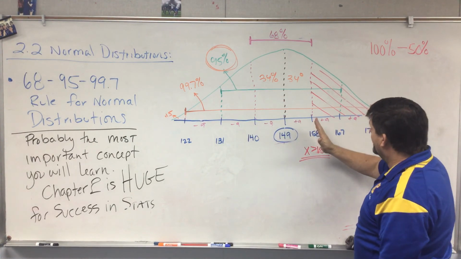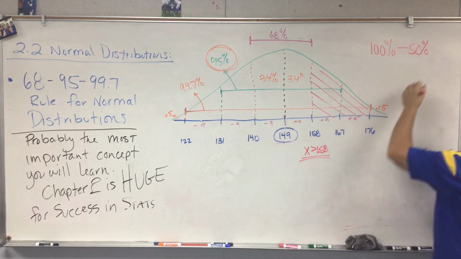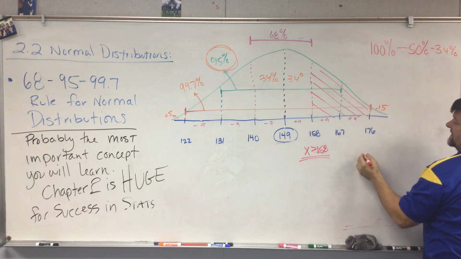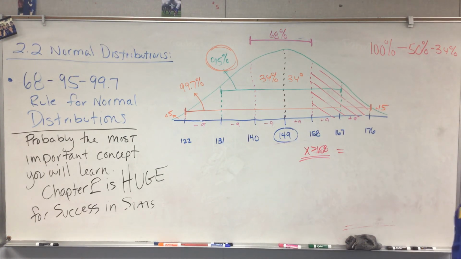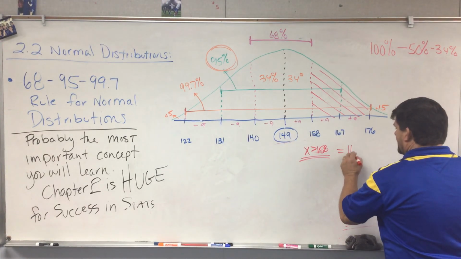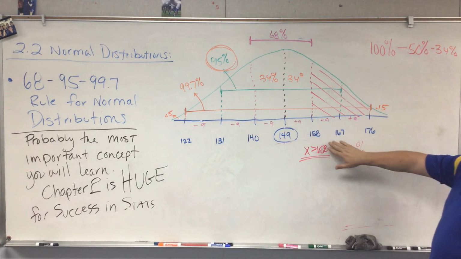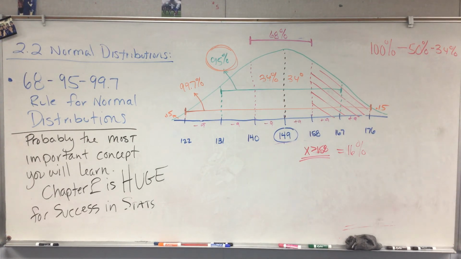The other half is 50, but I'm missing 34% of it. So what is the percentage? That's 50 minus 34, which is 16%. So 16% of the 12-year-old boys were taller than 158 centimeters.